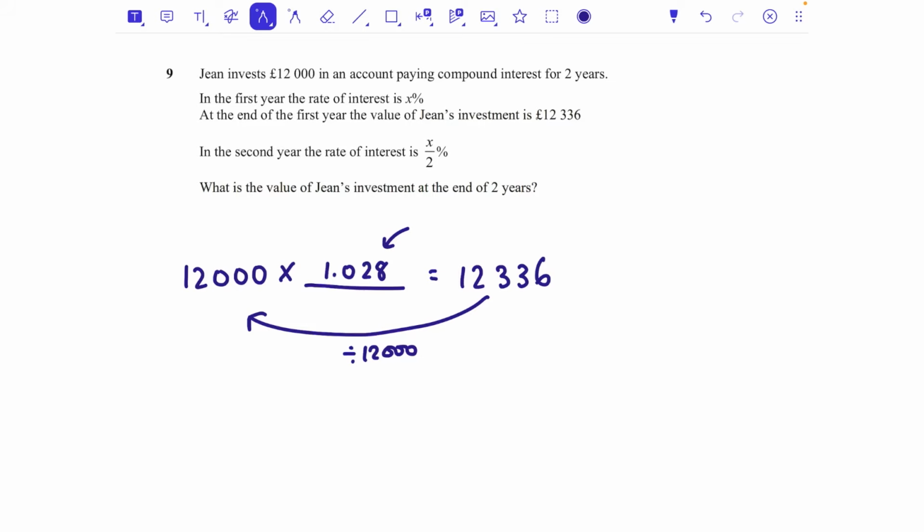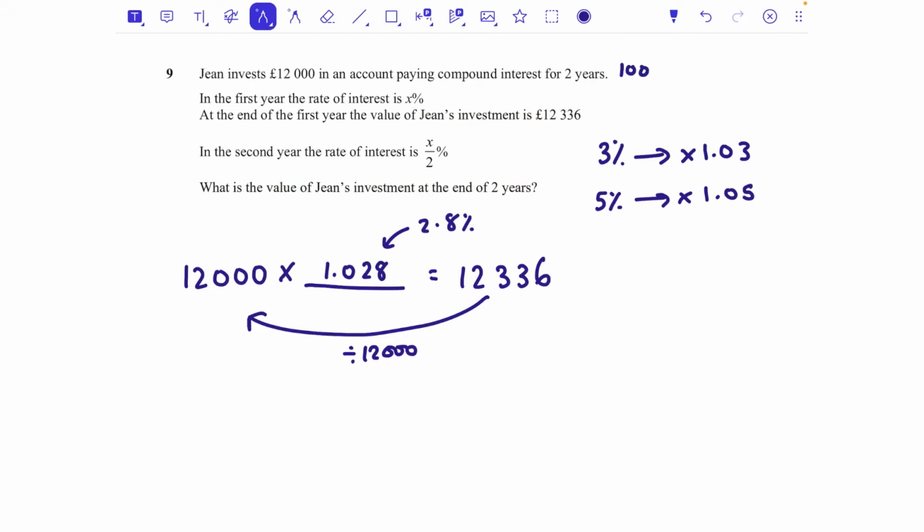Now thinking back, if it was a 3% interest rate, we would times by 1.03. If it was a 5% interest rate, we would times by 1.05. So can you see here what that interest rate would be? It's going to be 2.8%. So 2.8% is the interest rate.